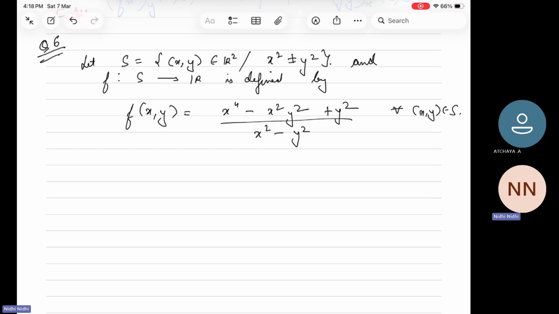So I hope you must have understood why we defined the function f on the set S. Basically, if x square equals y square, the denominator becomes 0 and hence the function will not be well defined.